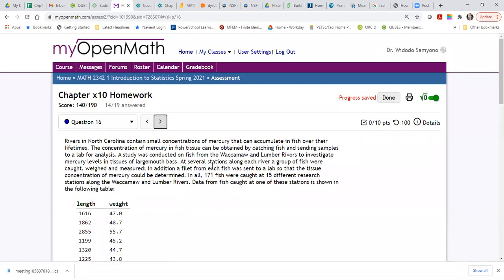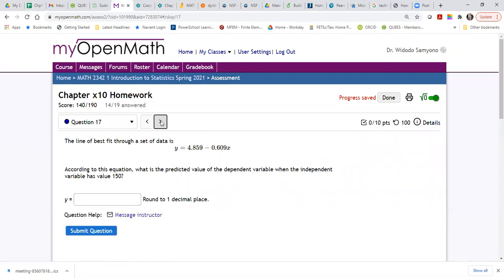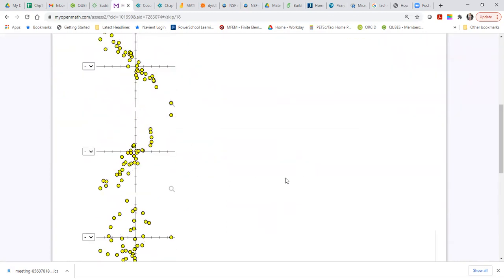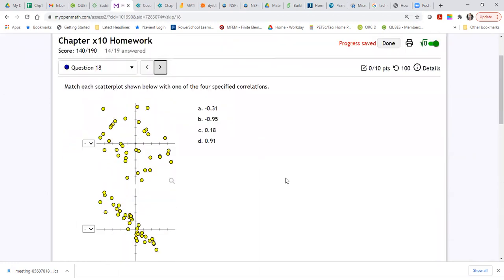You just continue with this. For the rest, I think you will be okay. For this one, because it is scattered all over the place, the answer is negative. Which one is the sum of the negative that is close to zero? I think that should be this one.